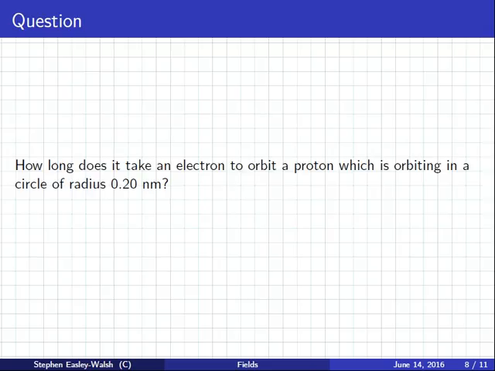Because V over R equals omega. Yeah? So now we divide it by R. Times 10 to the minus 9.